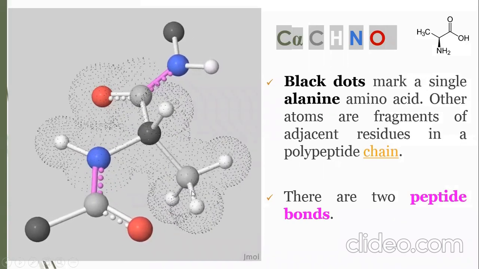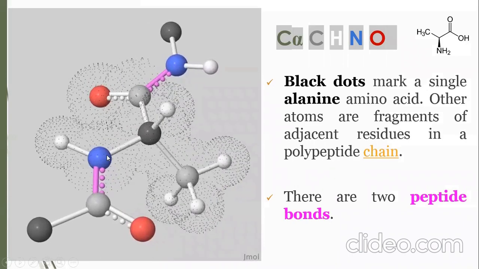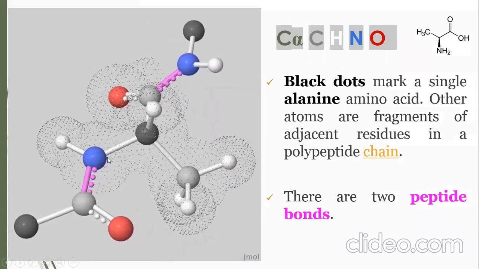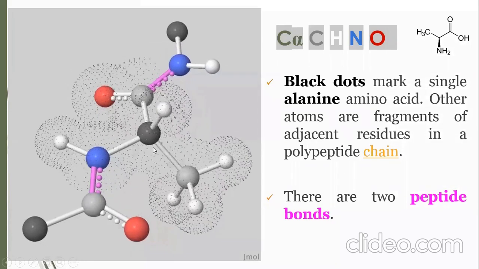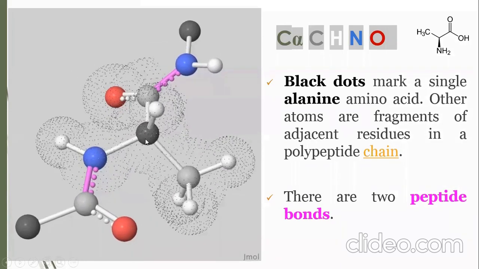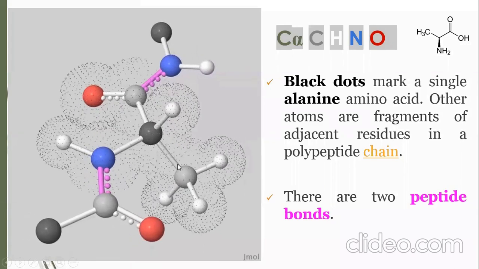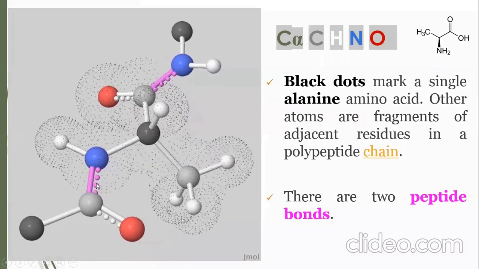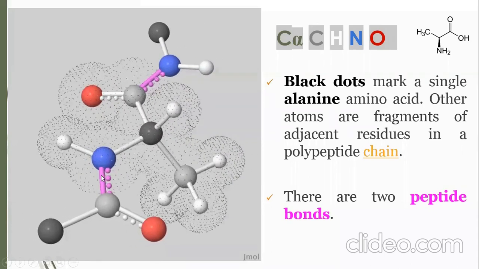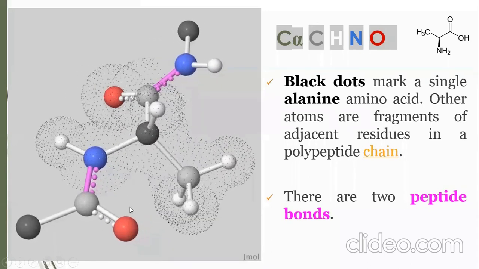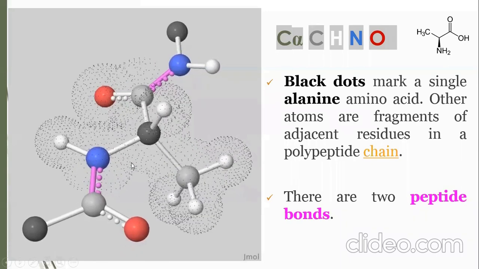The white ones are hydrogen, the blue one is nitrogen, the red one is oxygen. The normal covalent bonds are shown in white color, and the peptide bonds, the partial double bonds, are shown in purple. So they are peptide bonds shown in purple.